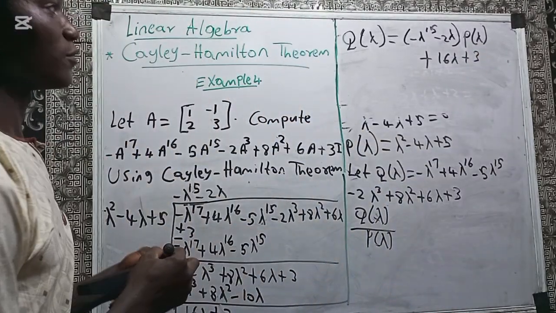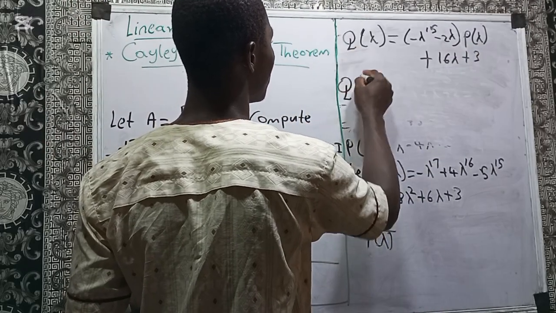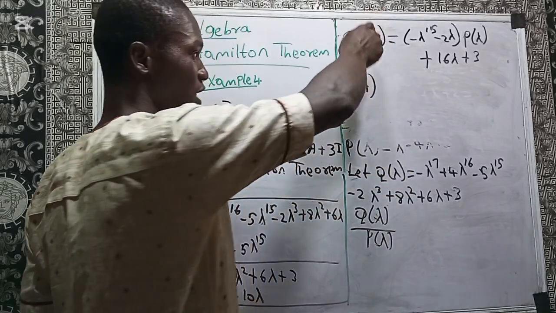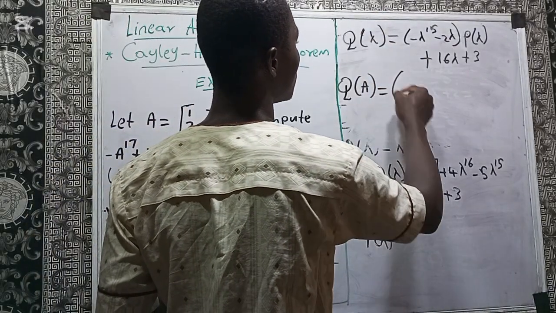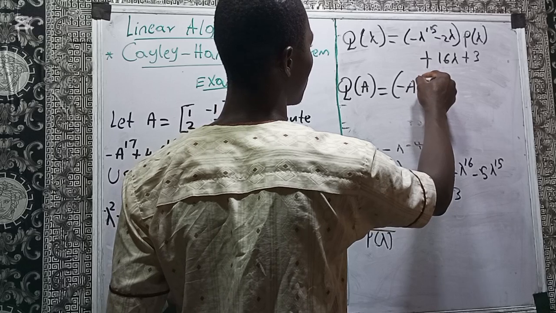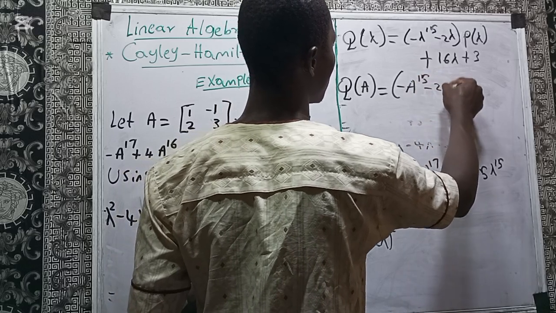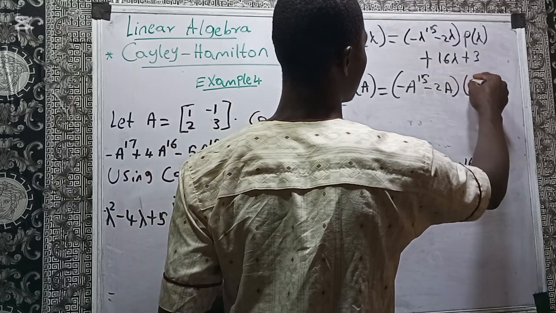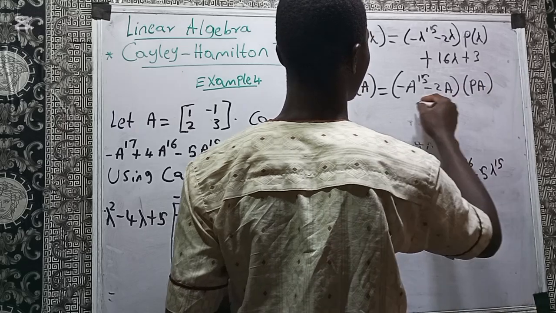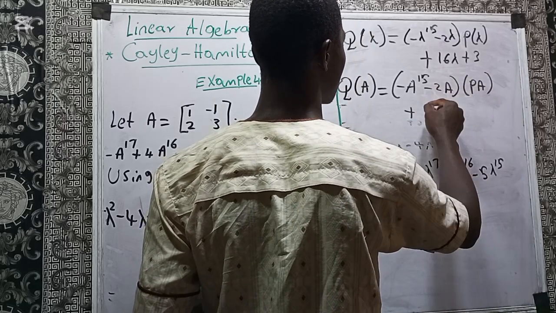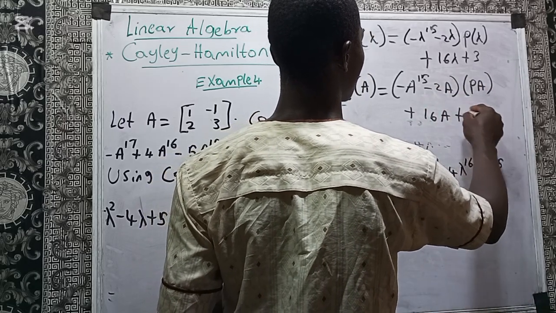So this is what we have. So Q of A, let's substitute our matrix A for lambda here. Q of A will be equal to negative A raised to power 15 minus 2A, then multiply by P of A, then plus 16A plus 3.